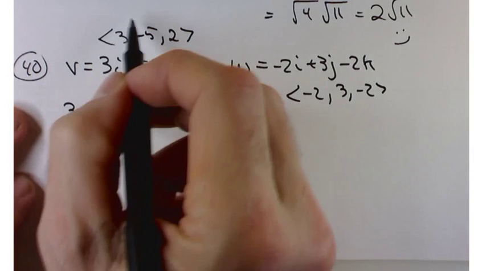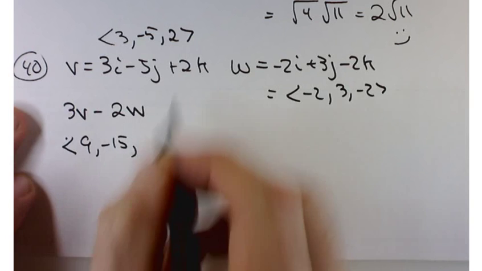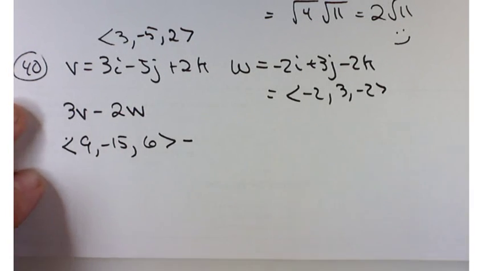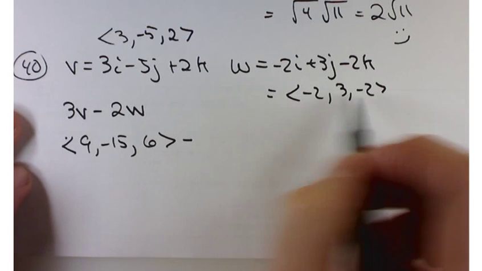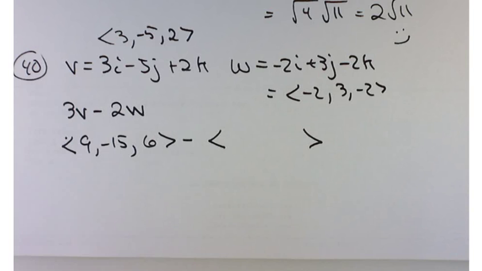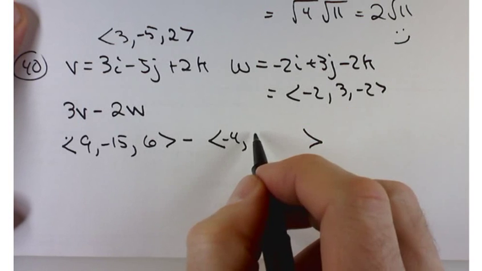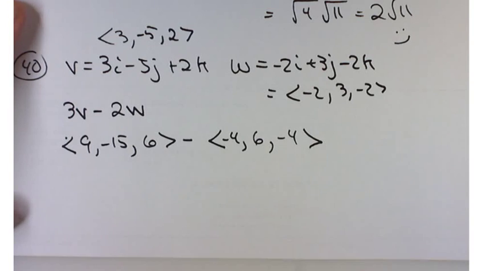So 3 times v would be 9, negative 15, and 6. From that, I want to subtract 2 times w. What's 2 times w going to look like? Good. Negative 4, 6, and negative 4.